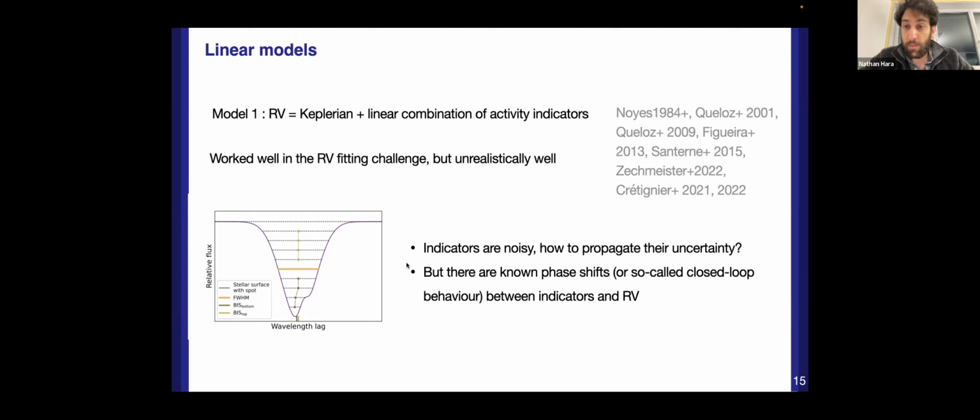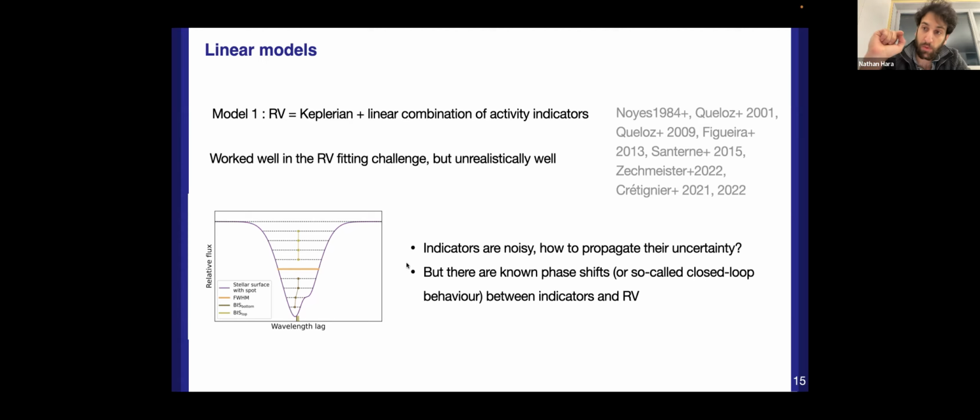This worked well in the RV fitting challenge of Xavier Dumusque, but I think it worked unrealistically well, because the correlation between the bisector and the RV, or the log R prime HK and the RV that you get with SOAP, is, compared to real data, much too high. The problem is also that the indicators are noisy, so with this linear model it's not easy to propagate their uncertainty.